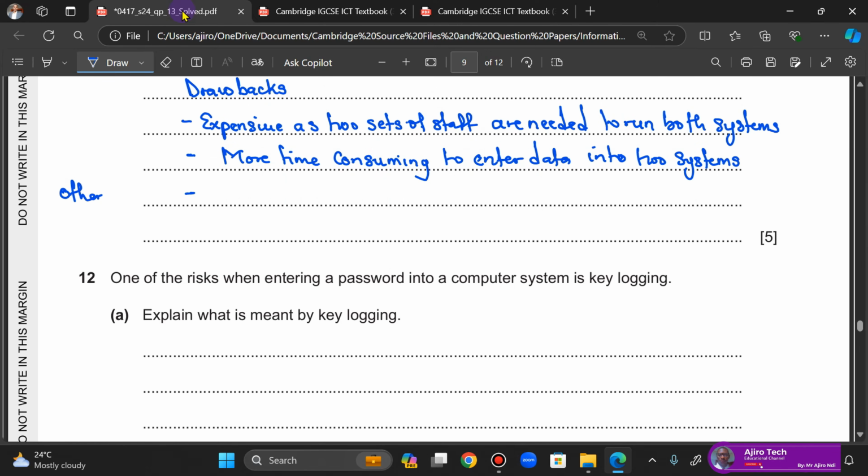Okay, there will be duplication of data entry, because we are entering the data twice.